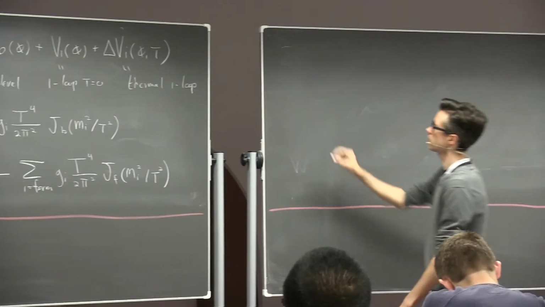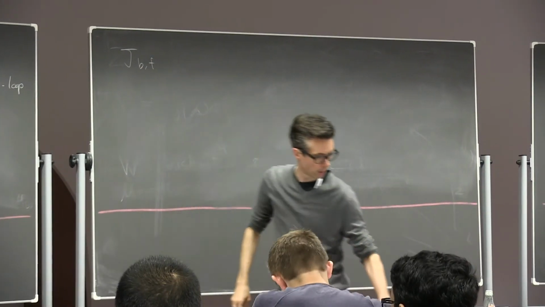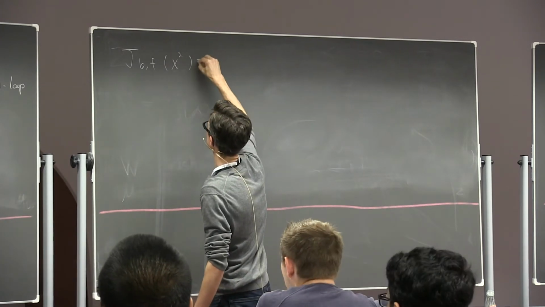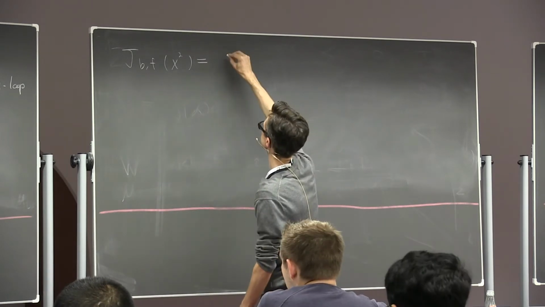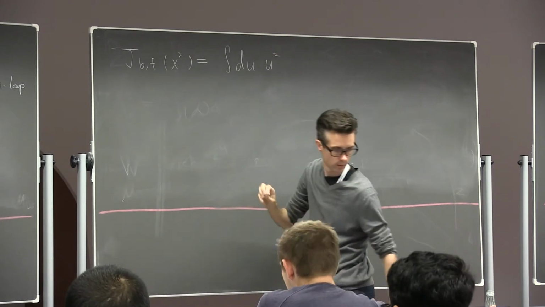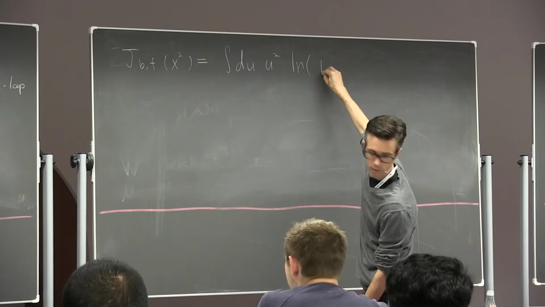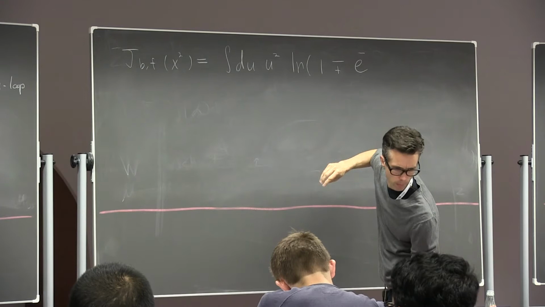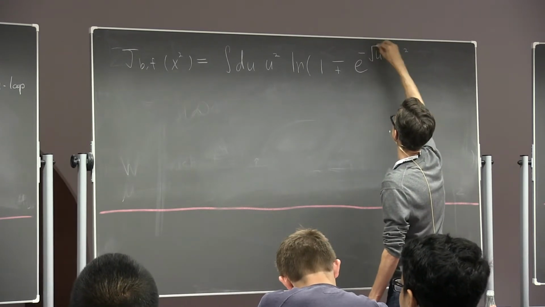The thermal loop functions, J B or F, as a function of x squared, are just given by, let me try to get this right, log 1 minus or plus e to the minus square root of u squared plus x squared.